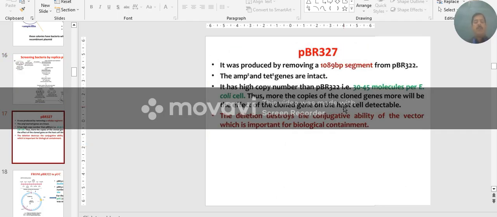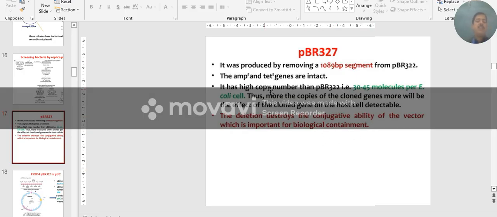Another vector is pBR327, which was produced by removing a 1089 base pair segment from pBR322. Thus, you can call it a disarmed pBR322. In order to increase the size of the foreign DNA that can be accommodated, pBR327 was created.